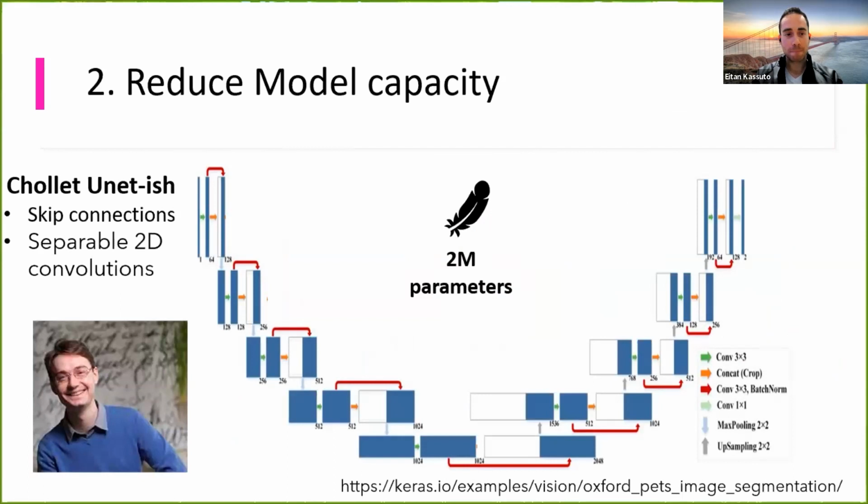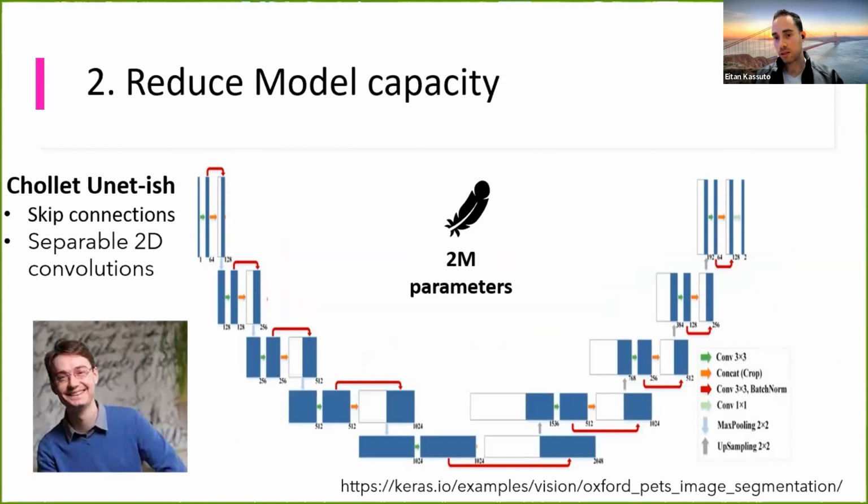And I decided to go with a very lightweight model. It was actually a model which I found in a blog post by Francois Chollet, the mastermind of Keras at Google. Essentially, it's a U-Net-ish network because it doesn't have the connections between the upstack and the downstack like the original U-Net.